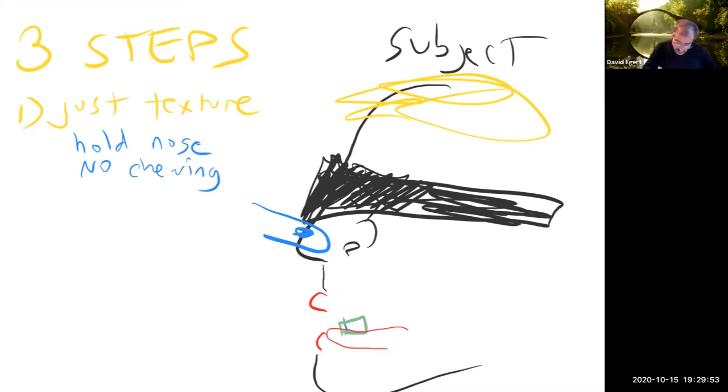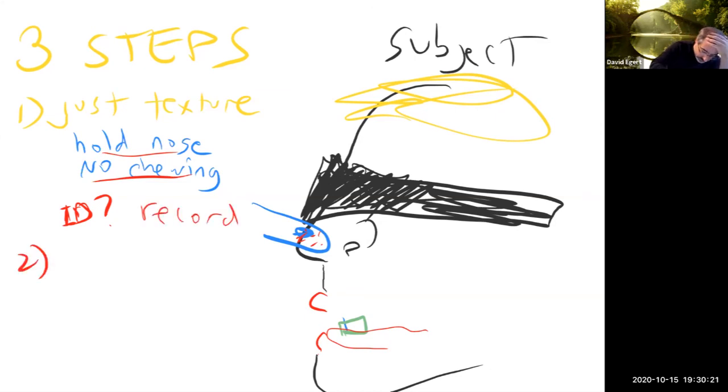They can move it around on their tongue a bit, but no chewing and no smelling. They have to hold their nose, so they don't bring the smell into their nose. And then record what they say. Maybe they say, I have no idea, or maybe it's a piece of fruit, but I don't know what kind. Just record what they say.